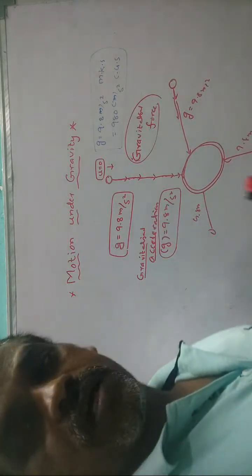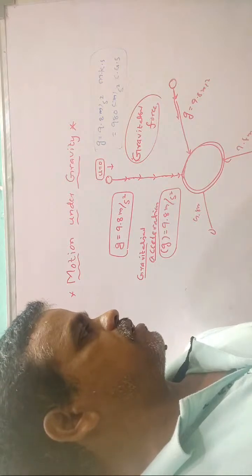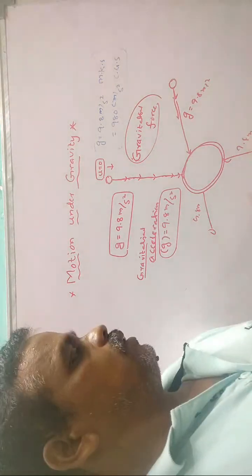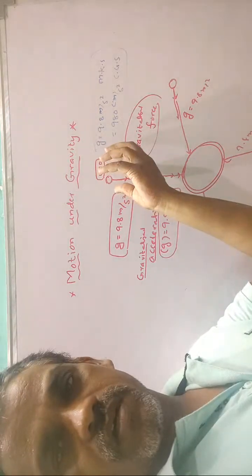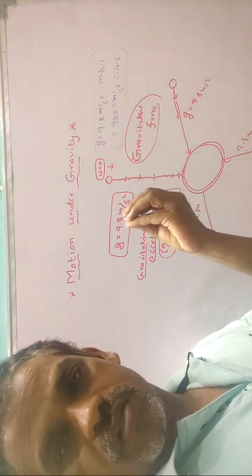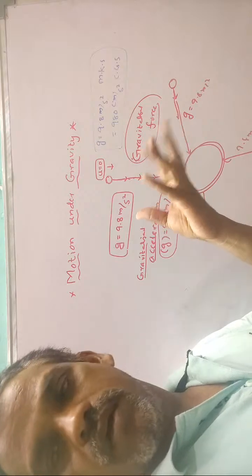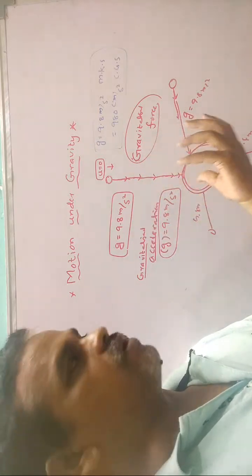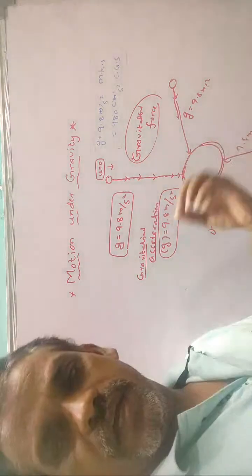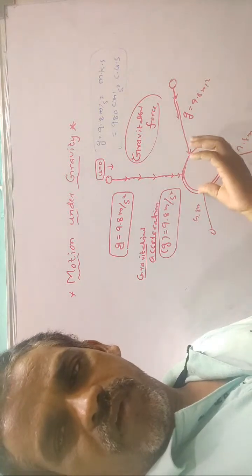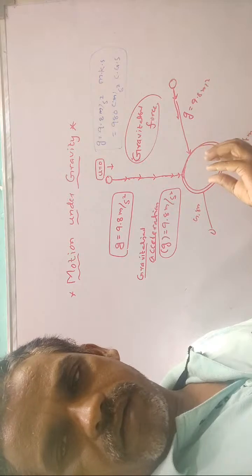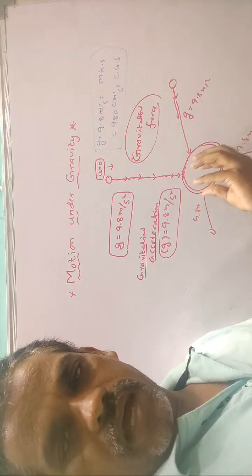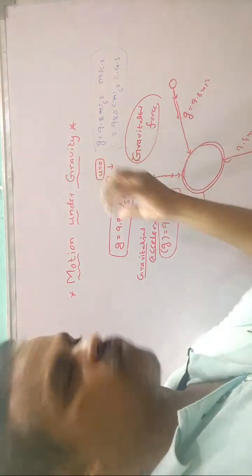See what you understand from these things. What I said to you is that the earth will attract any body. If it is a smaller body or larger body, 1 kg body or 2 kg body, 100 kg body, any body will be attracted by the earth. The earth attracting means it is acting with force on that body.